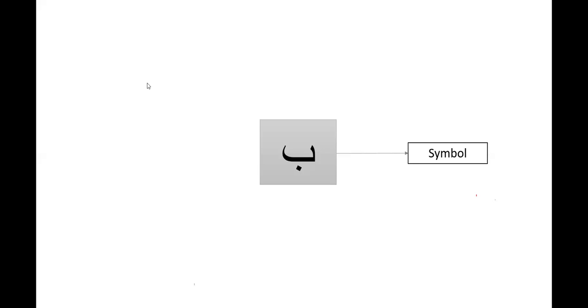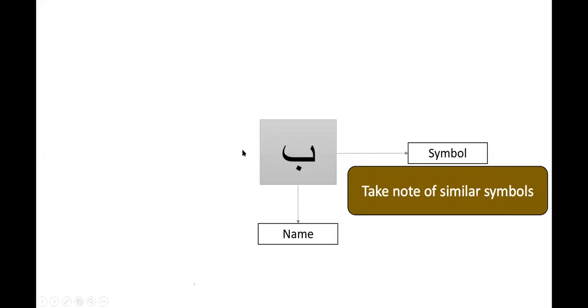Ba, ta, tha: that one has a dot at the bottom, that one on top, two dots, three dots. By grouping them as similar, you make it easier, whereas otherwise you'd make it difficult when it's not really that difficult. Okay, so correct, as you guys said, similarity. Take note of similar symbols.